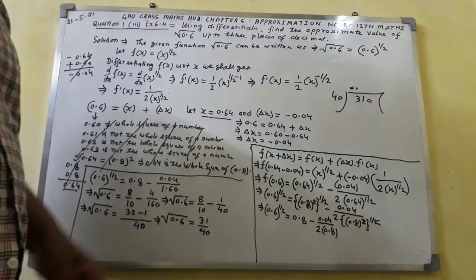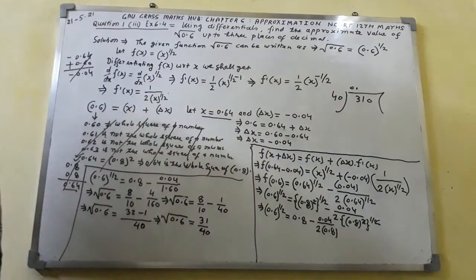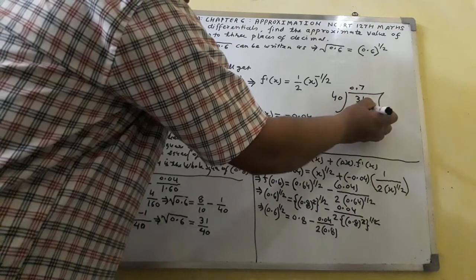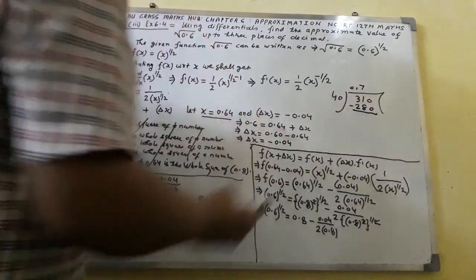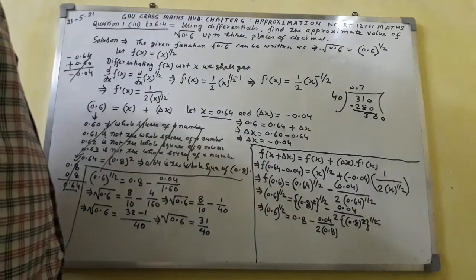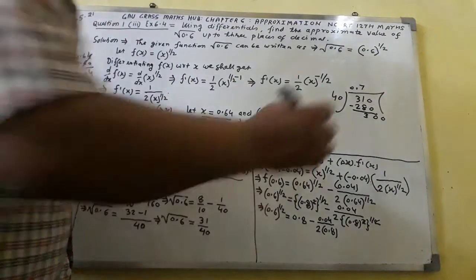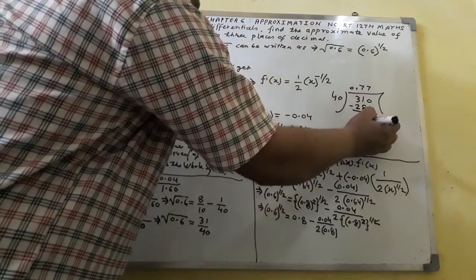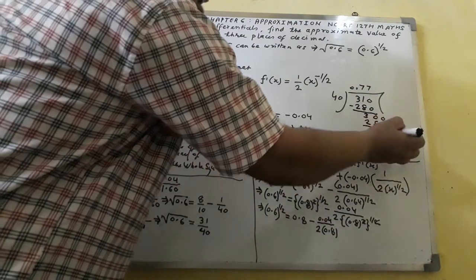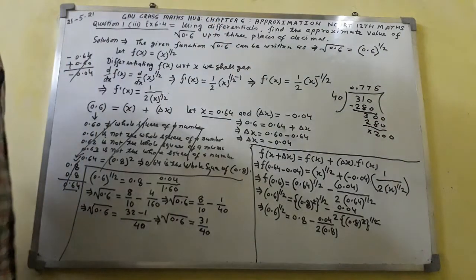Now 310 can be easily divided by 40. It will go 7 times. So you will get here 280. Subtract this one, will get here 30. 300 will get again. 7 times 40 is 280, 7 times 280. So at this place you will get here 20. Here I put 0. 5 times it will go. This one you have got. The correct answer you have got.